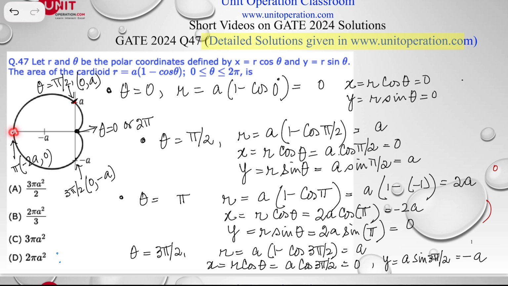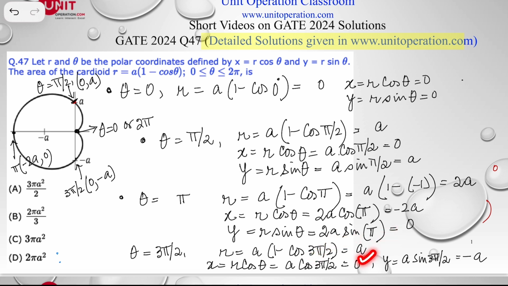So that also matches. And lastly, look at this point here, 3 pi by 2. Similarly, r is equal to a times 1 minus cosine of 3 pi by 2, so r is equal to a.